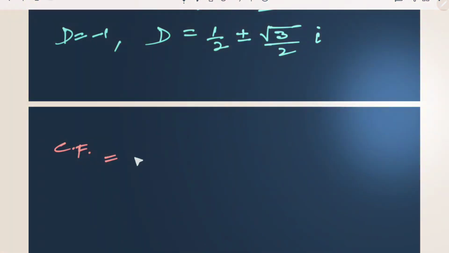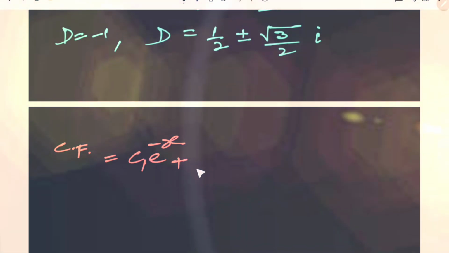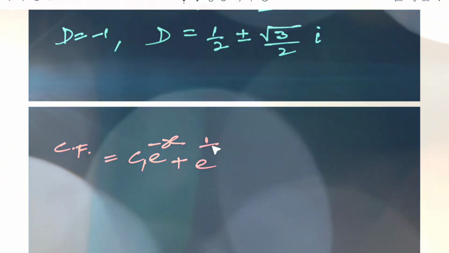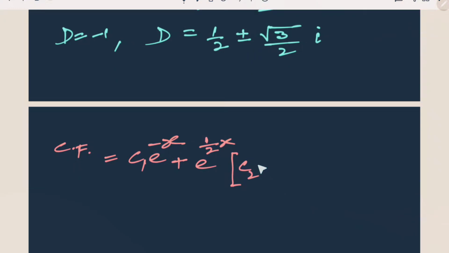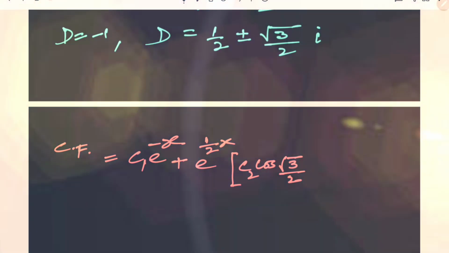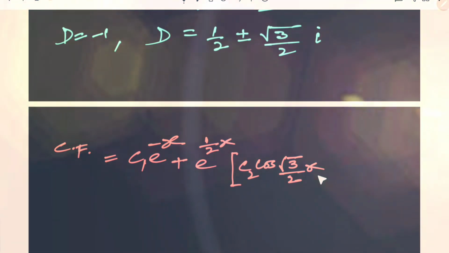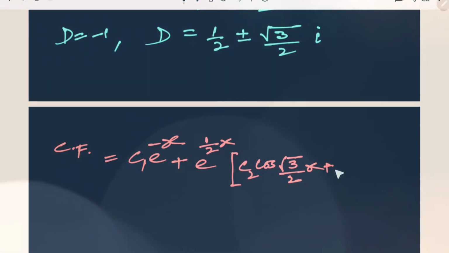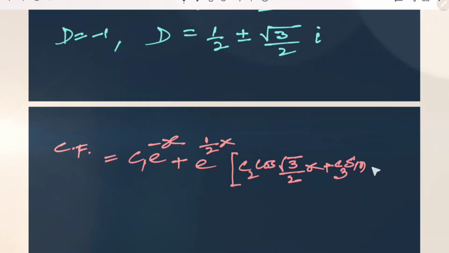Therefore CF is C1 e raised to minus x for the real root. Then for the imaginary roots, we write e raised to alpha x, meaning e raised to 1 by 2 x, multiplied by C2 cos of square root of 3 divided by 2 into x plus the next constant C3 sine of square root of 3 divided by 2 into x.